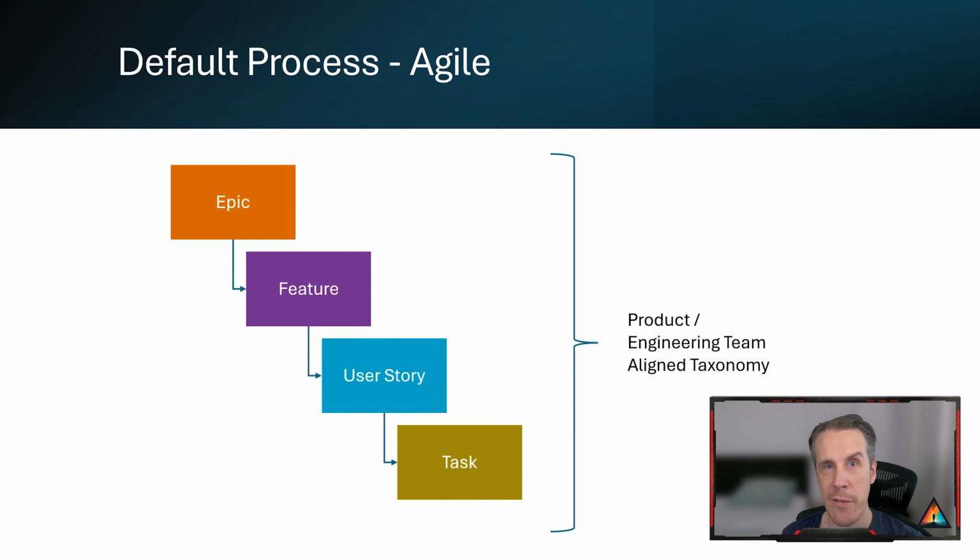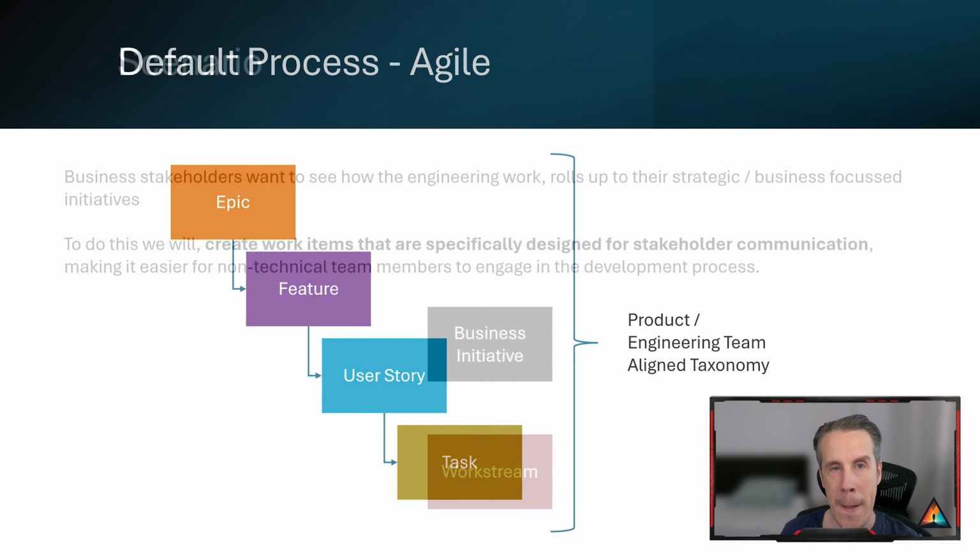Teams are very familiar with this, but not always business users. So there can sometimes be an opportunity to take this existing process and customize it so that you can provide an ability for other stakeholders to understand what's going on in the engineering sprint.